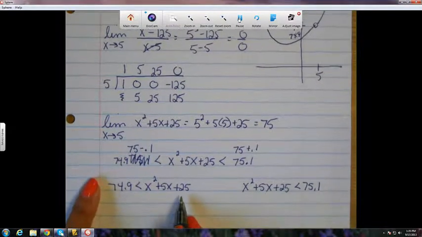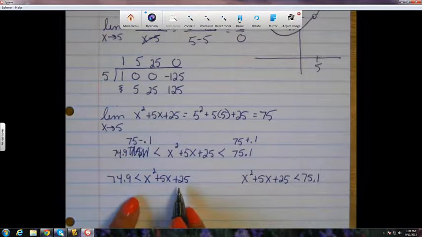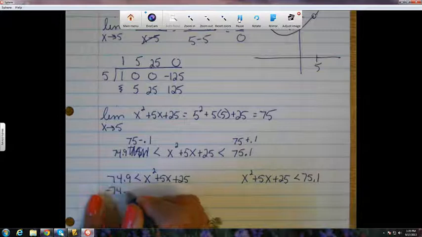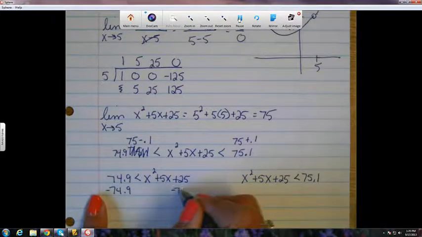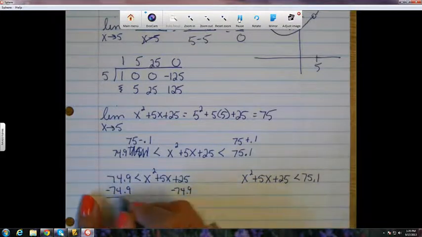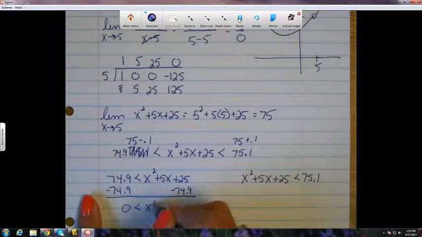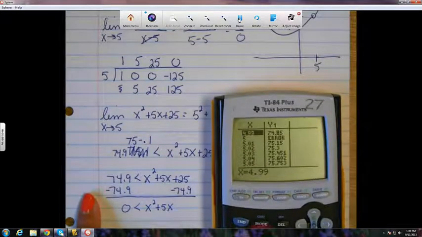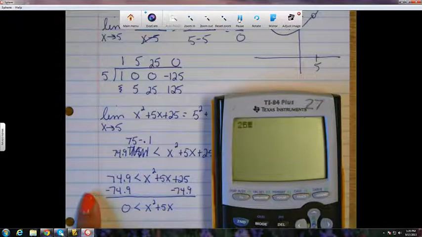And then the other one, x squared plus 5x plus 25 is less than 75.1. Again, like I said, to use the quadratic formula, this has to be equal to 0 over here. So we're going to subtract the 74.9. So we've got 0 less than x squared plus 5x, and then 25 minus 74.9 is minus 49.9.